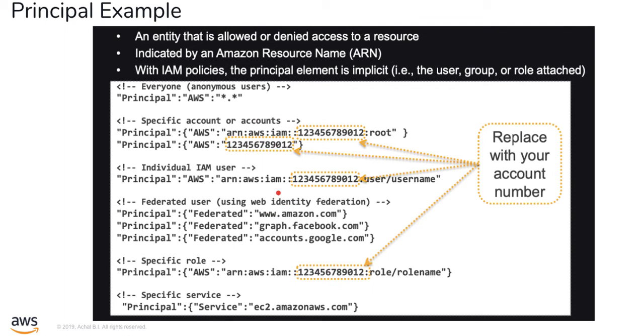It can be a specific individual user account, a federated user, or a specific role that you are assigning. Role can also be a principal. Or it can be a specific service which is trying to access. So EC2 is trying to access S3, so you could specify that as well.